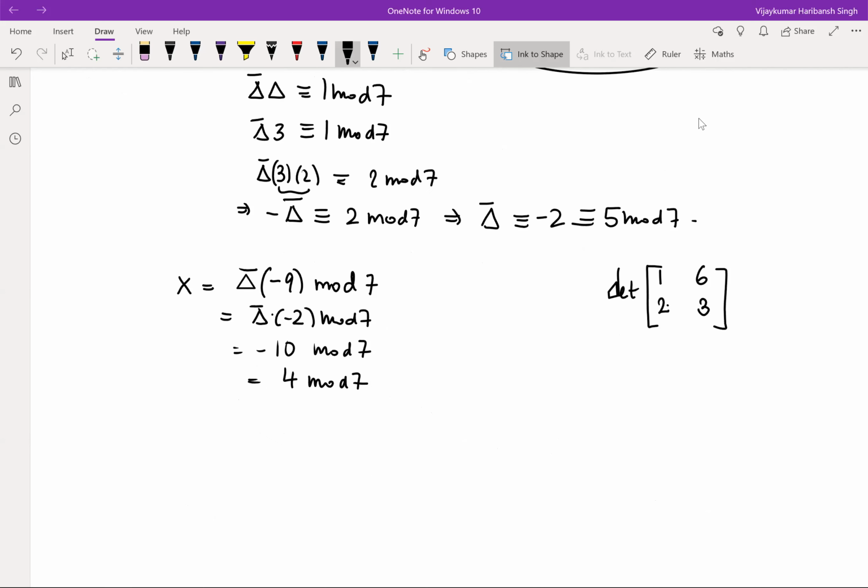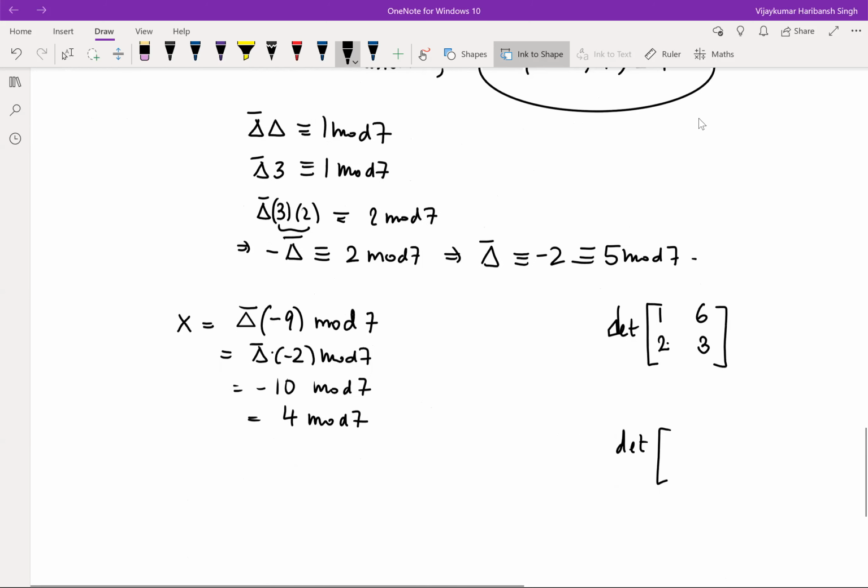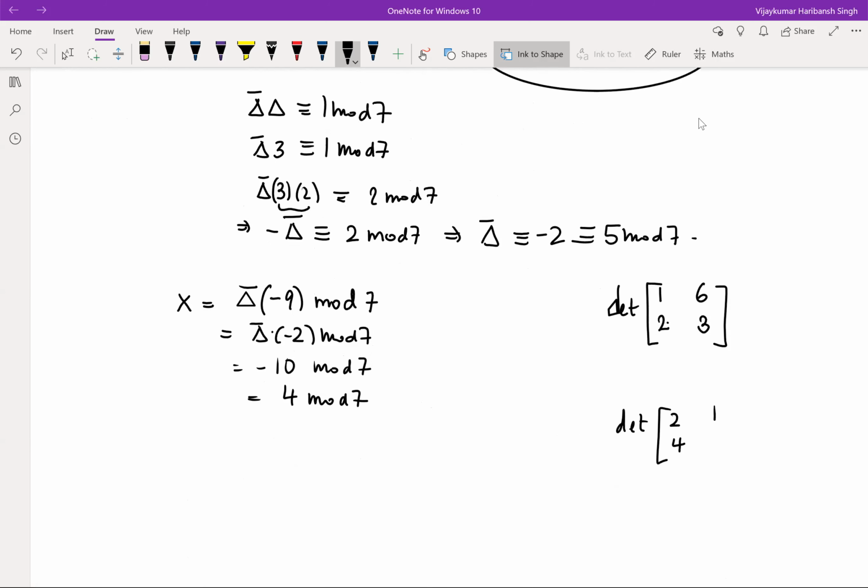Similarly, for Y, notice we have to do the same thing. We'll have the first column is 2, 4. Second column is 1, 2. So I'm using Cramer's rule in my background so that I remember the theorem. So what do we get?